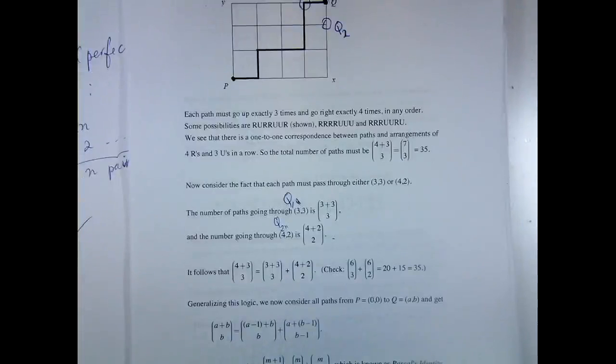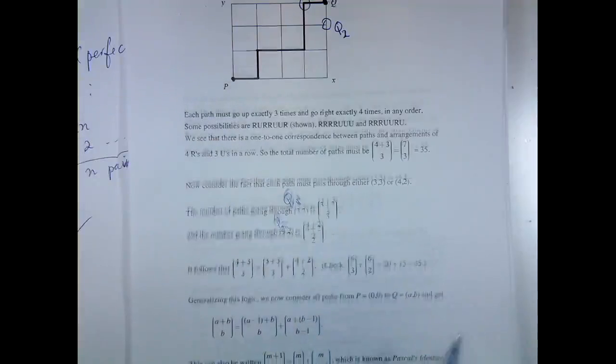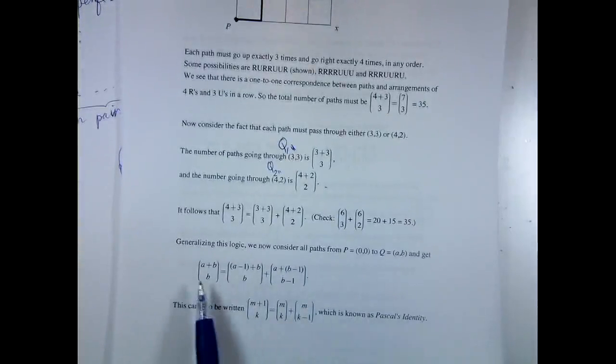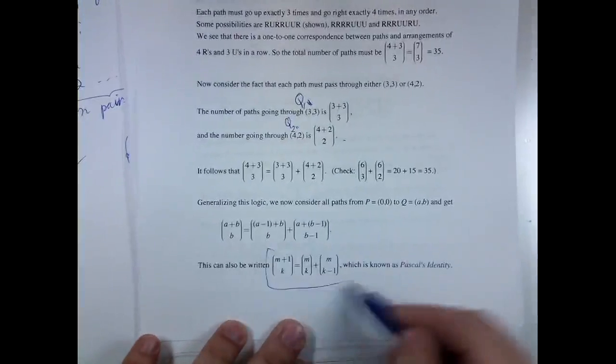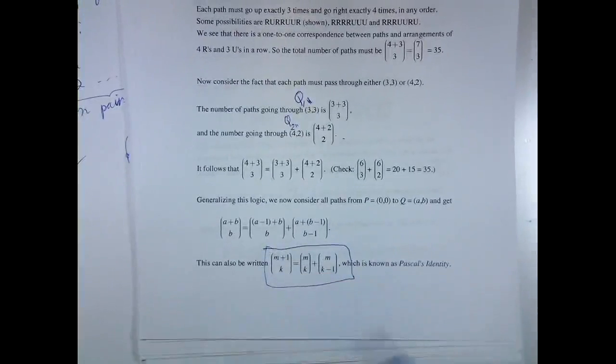But you could even think about this without talking about lattice paths. This is a better way. If you do want to remember the identity, I'm not even sure whether it's worth remembering it, but if you do, I've got m plus 1 objects, so just call one object a special object.